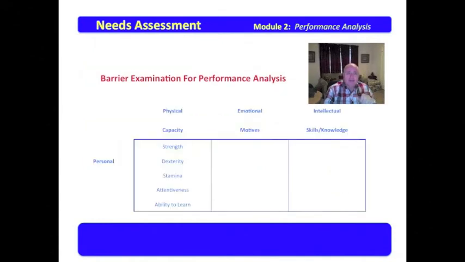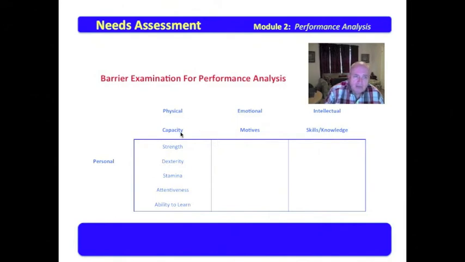Here we have a matrix which examines the physical, emotional, and intellectual ranges against the personal challenges. Now, physical, we might refer to capacity. Do they have the ability? Emotional, we may look at their motivations and their motives. Intellectual, do they possess the skills and knowledge?